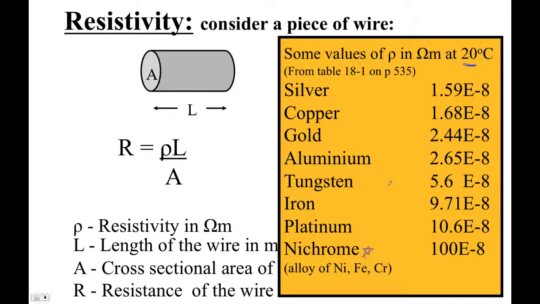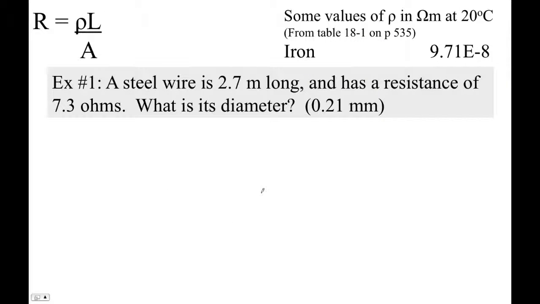Anyway, let's do an example problem here. A steel wire is 2.7 meters long, so the length is 2.7 meters. The resistance is 7.3 ohms. And then we want to know the diameter. Well, the diameter is twice the radius, and the area will be pi r squared.